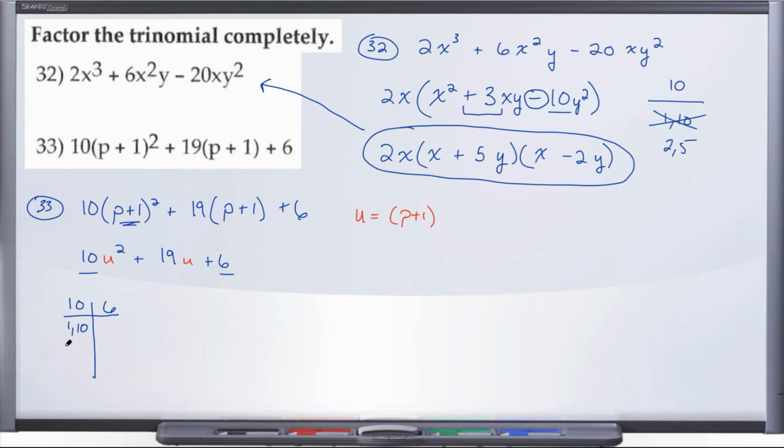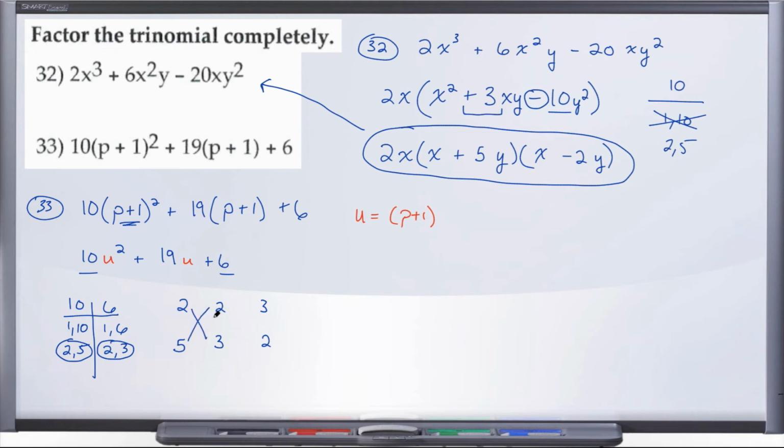Well, we have 1 and 10, 2 and 5, and we have 1 and 6, 2 and 3. And again, let's go ahead and choose the factors that are closest together. 9 times out of 10, these will be the ones that work. So let's stack 2 and 5, 2 and 3, and if that combo doesn't work, we'll try 3 and 2.